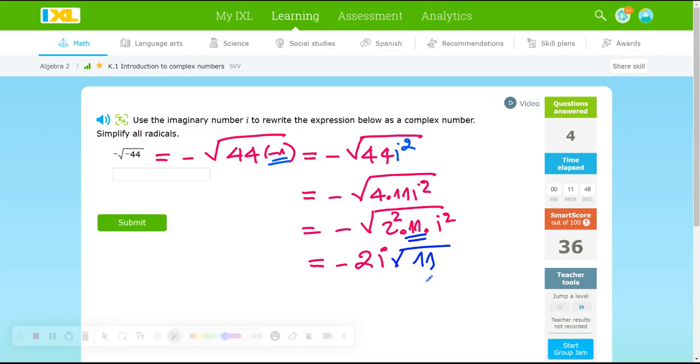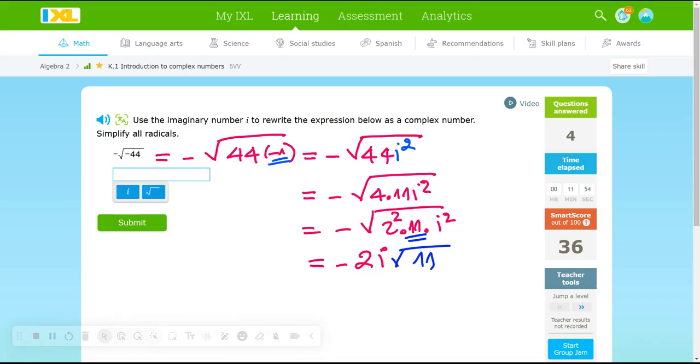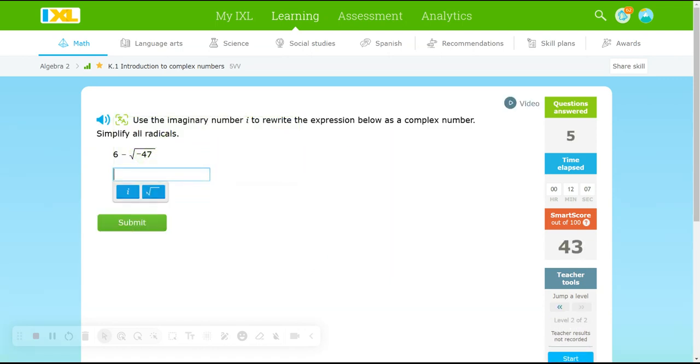So square root 11. Okay? So now I put in my answer box, negative 2i, and then square root of 11. Okay? Submit. Voila.